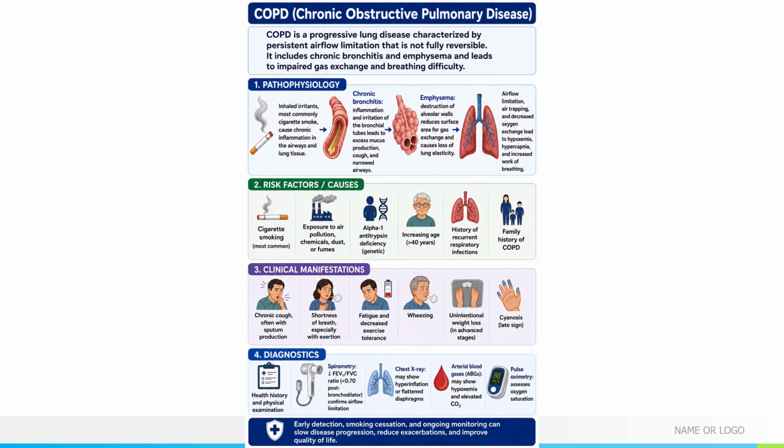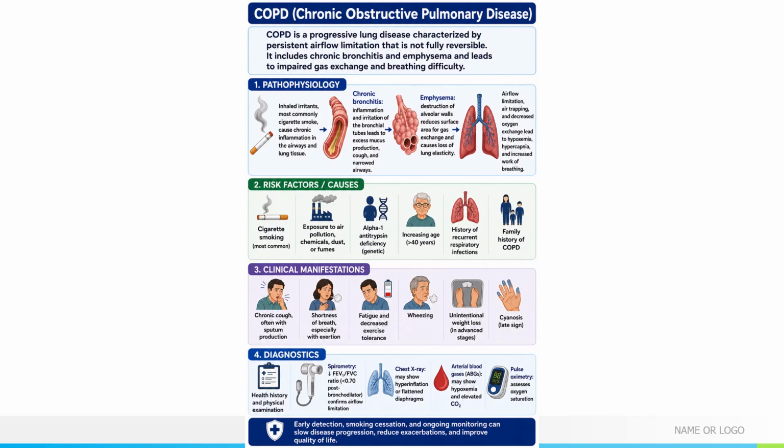And then we see dyspnea or shortness of breath. This develops because they have narrowed airways. Remember, they have air trapping, hyperinflation, that destruction of alveoli, and that creates less surface area for gas exchange. All of these reduce oxygen delivery.